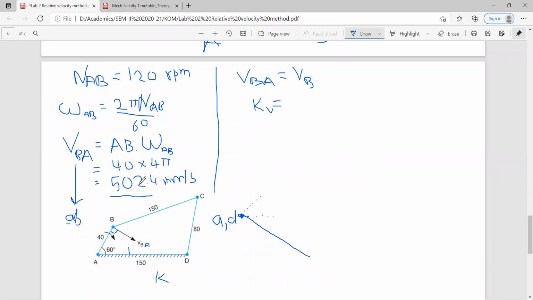How much value you can represent with? It is 500. So say I will represent it by 50 mm. So I will select a velocity factor as 10. I will reduce this value by a factor of 10. So 500 divided by 10, it will reduce to 50 mm.